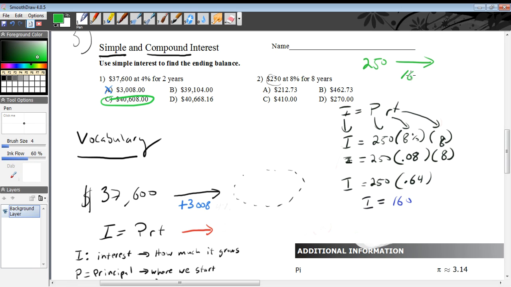We know that amount. It's the interest, the 160. So it's a percentage increase. Now we just need to add 160 and 250, which is going to be 410. So the answer is C, 410.